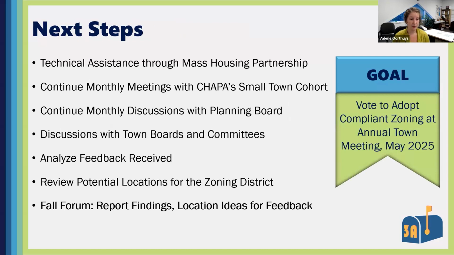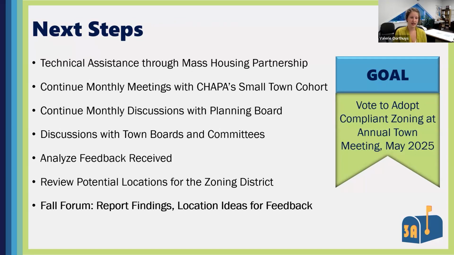So we will create opportunities to receive that feedback through this planning process. These are some of our next steps, but again, this is only the near future, toward the next milestone, which is that fall forum. Staff will continue our monthly meetings with the CHAPA small town cohort and continue monthly discussions with the planning board. We have secured technical assistance through the Mass Housing Partnership.